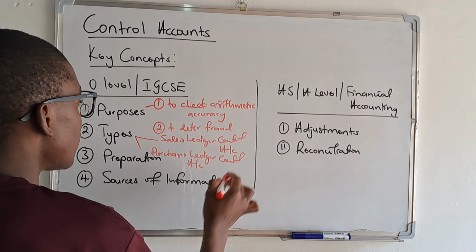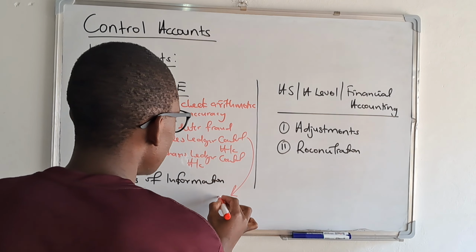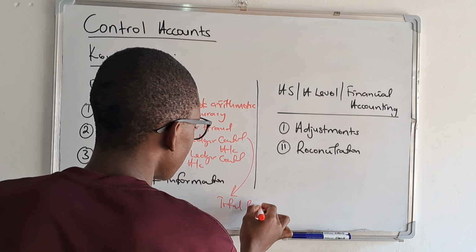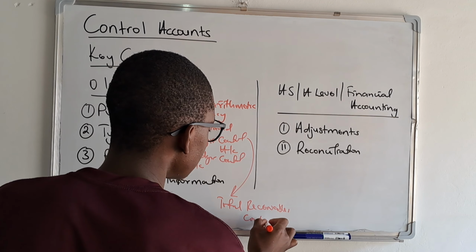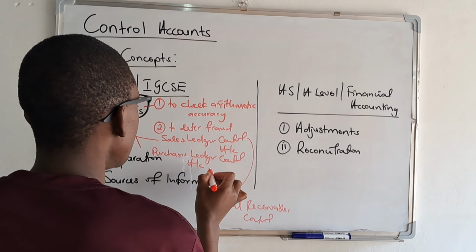The sales ledger control account can be called the total receivables control account, and the purchases ledger control account we can call the total payables control account. Then in terms of preparation, we are going to do the formats of the sales ledger control account and the purchases ledger control account.